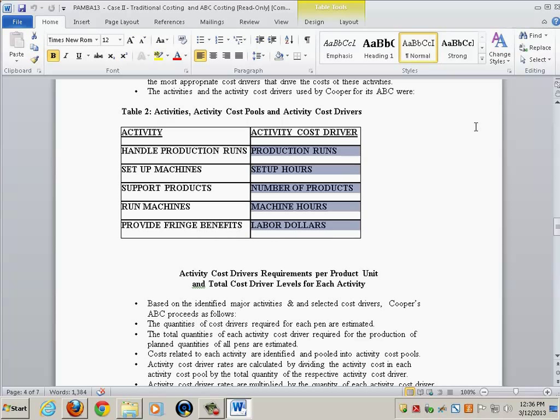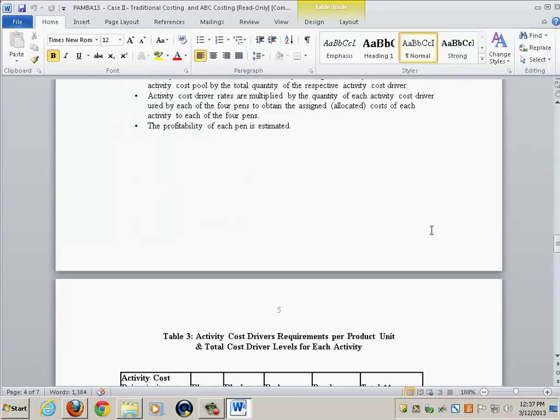For setting up machines it is the number of setup hours. For supporting the products, the number of products. For running the machines, the number of machine hours worked, the number of hours that the machine worked. And for providing fringe benefits, labor dollars. So the activity cost drivers have been chosen. So these are all inputs to your case.